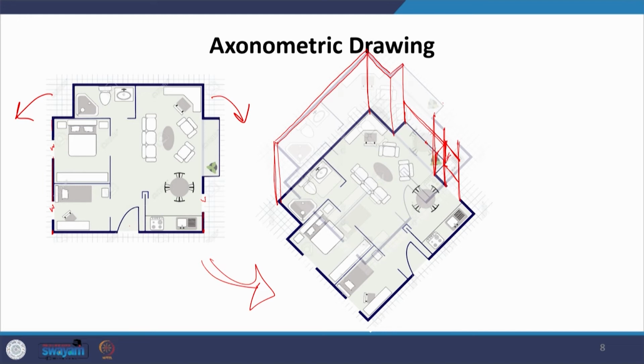So, this becomes your window. Okay. Take the height again here. It is not very clear what we have here, but probably we have a sliding door or something like that, which is what you will draw.